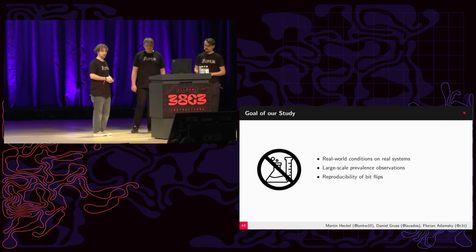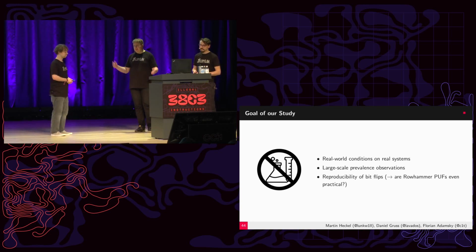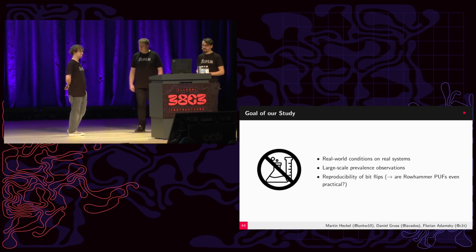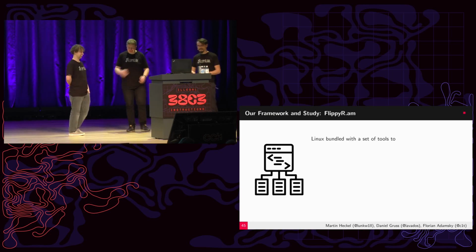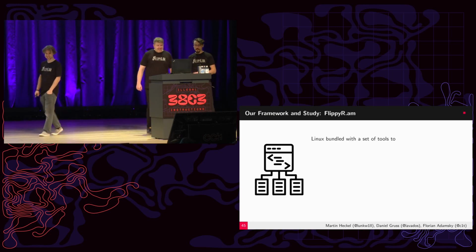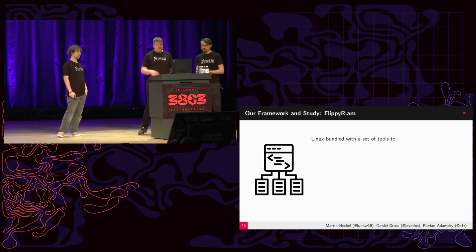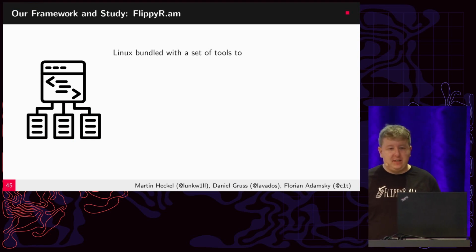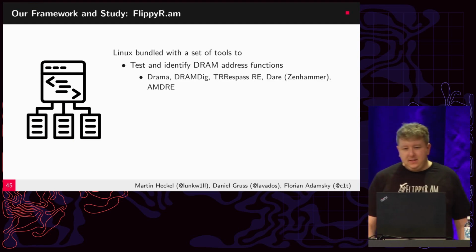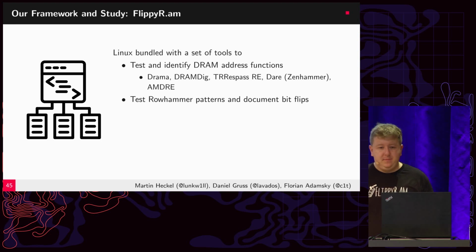Yeah, but how do we get those people to test Rowhammer on their systems? I think we need some kind of test system. Yeah. Can you prepare something there? Right, well, I have to prepare again. All the time I have to prepare something. We're busy, sorry. Great. So yes, we prepared a Linux bundled with a set of tools which can test and identify DRAM addressing functions, which can also execute some Rowhammer tests on the system.